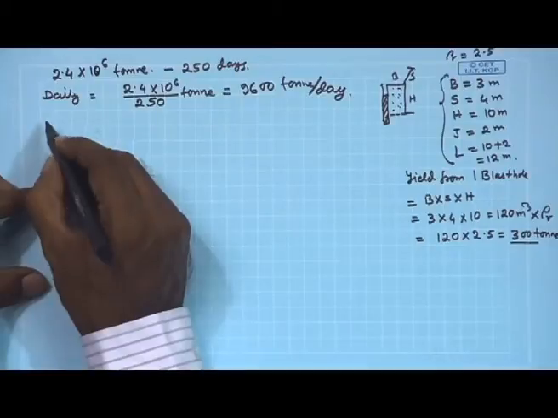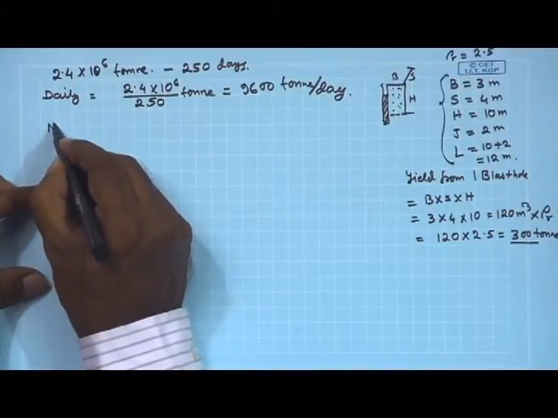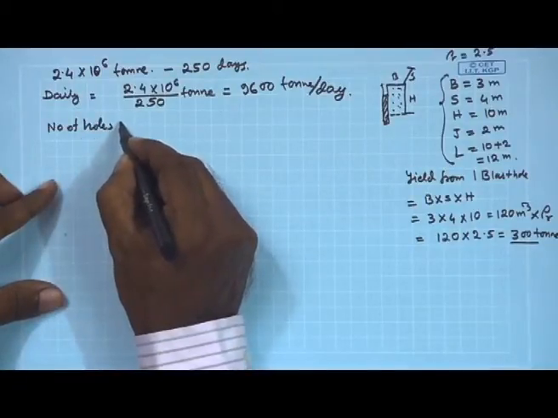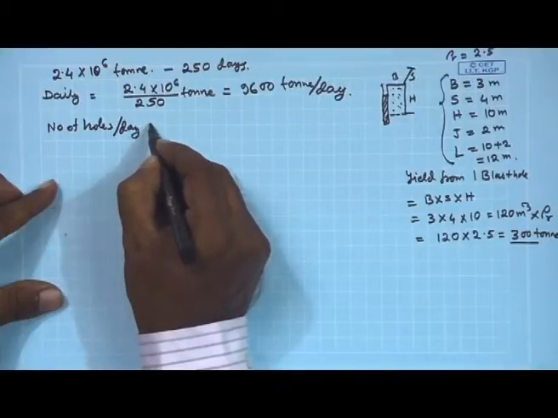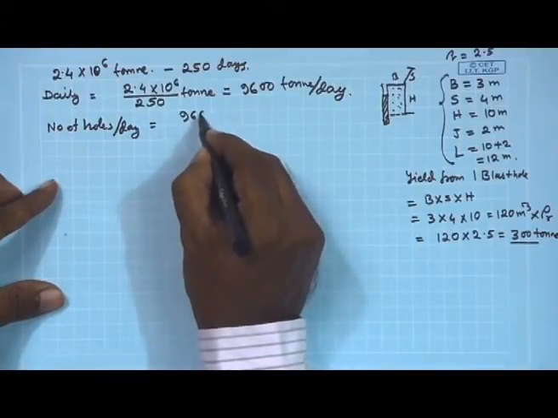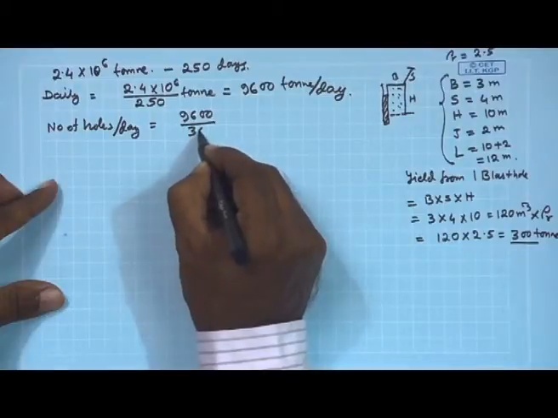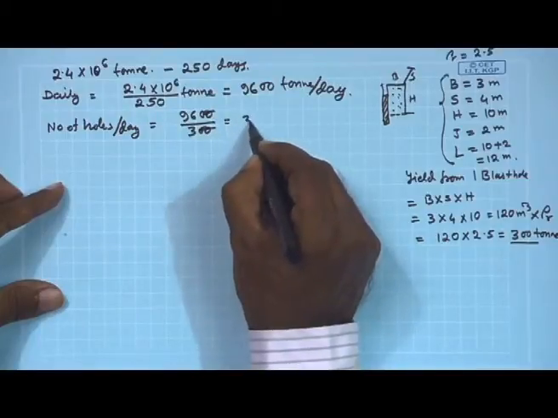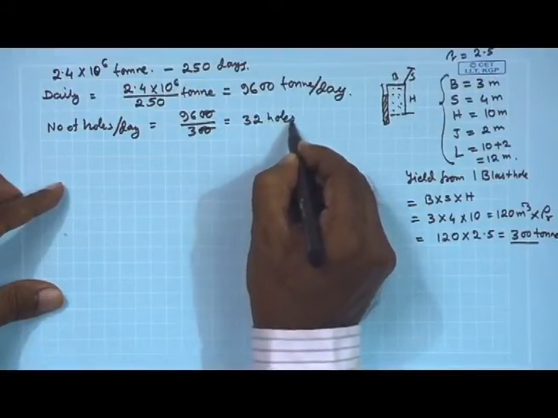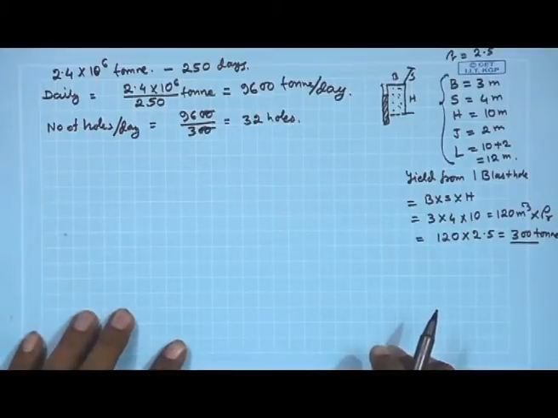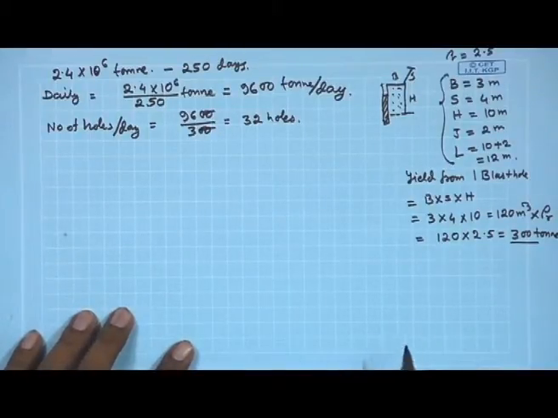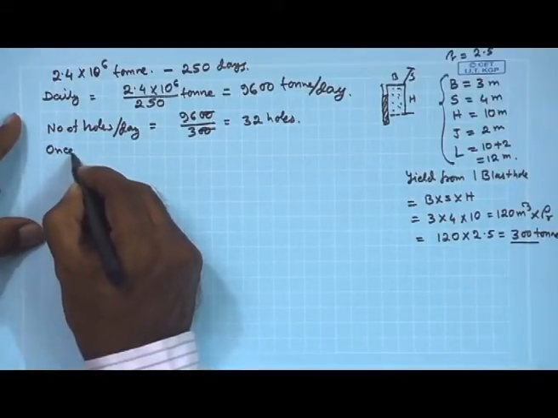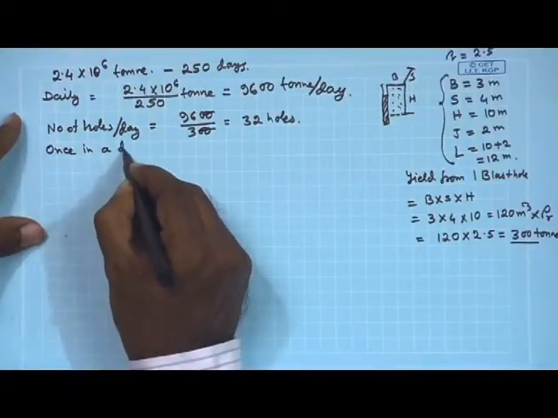So, let us find out how many holes we need to blast. Required per day to blast is 9600 divided by 300, that is 32 holes. Now, you recall that in our problem it is given that we need to blast once in a day.